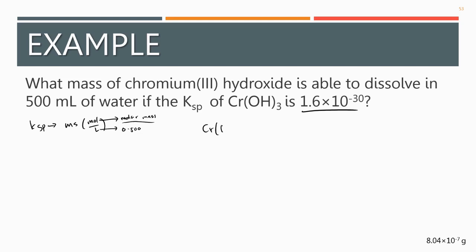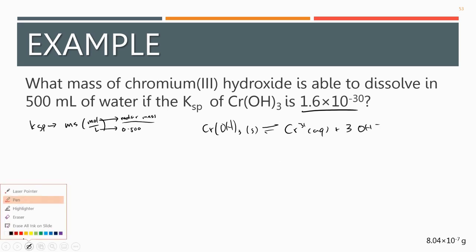So Cr(OH)3 solid is at equilibrium with chromium 3 aqueous and 3 hydroxide ions. So we don't know the molar solubility, so we're going to represent that as X. If that's X, we should know that the concentration of chromium is also X, and this is going to be 3X.